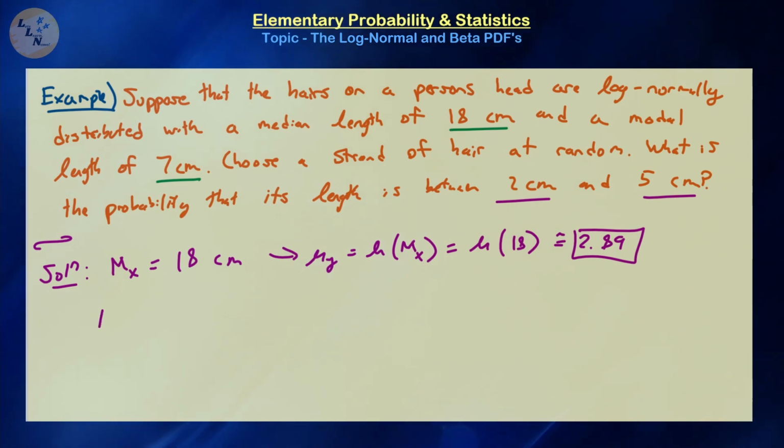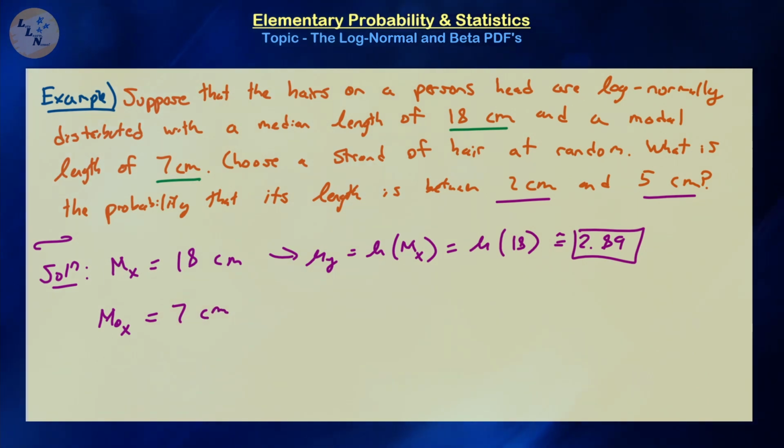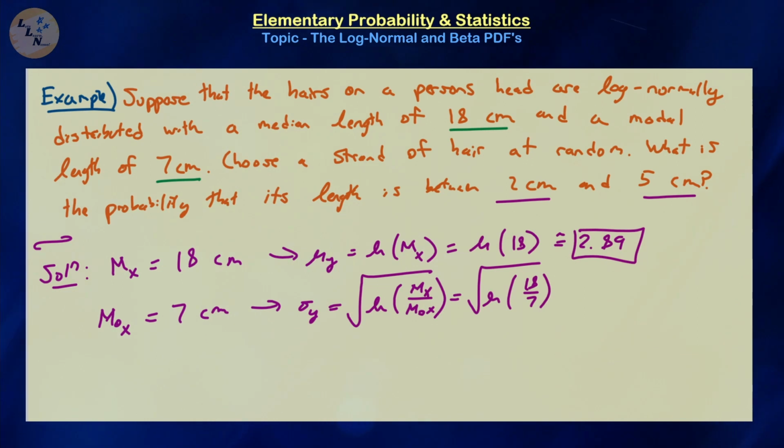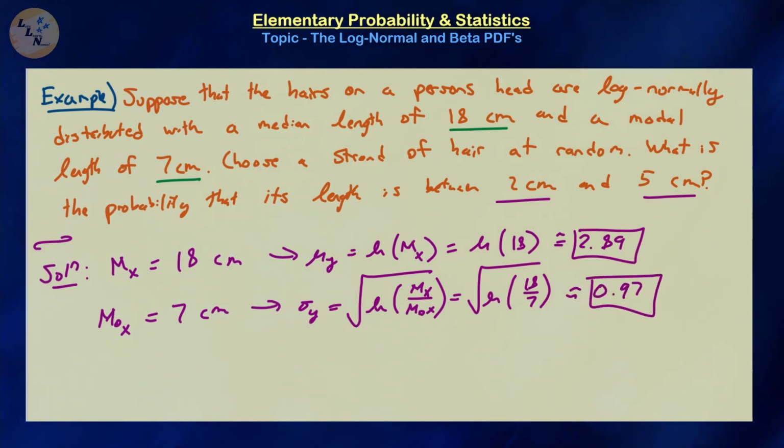Our second parameter is going to come from the mode and the median. It's given that the mode is equal to 7 centimeters. That means sigma y, remember, is going to be equal to the square root of the natural log of the median divided by the mode of x, which is the square root of the natural log of 18 divided by 7, approximately 0.97. So those are our two parameters that we need to solve this problem.